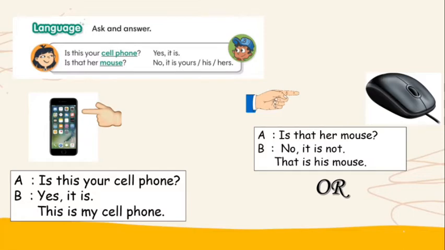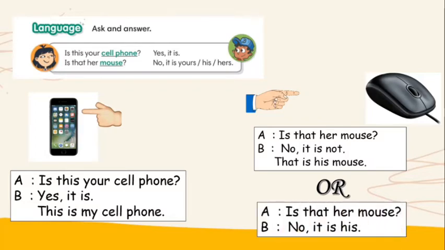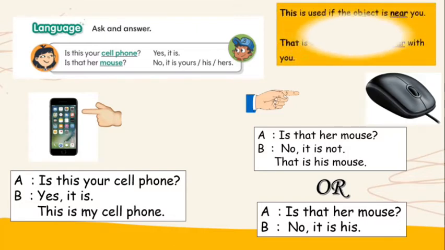If it is no, you can answer, no, it is not. That is his mouse. In conclusion, this is used if the object is near you, and that is used if the object is far from you.